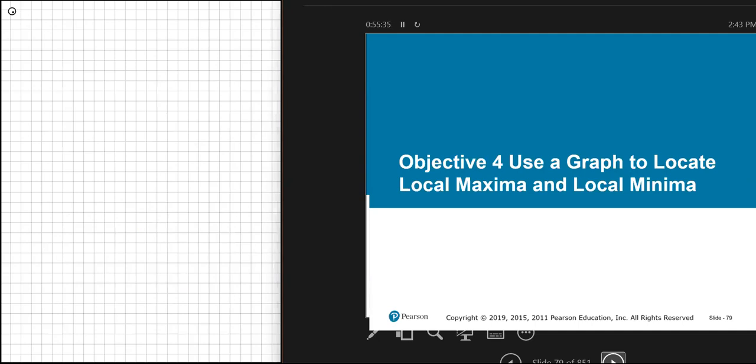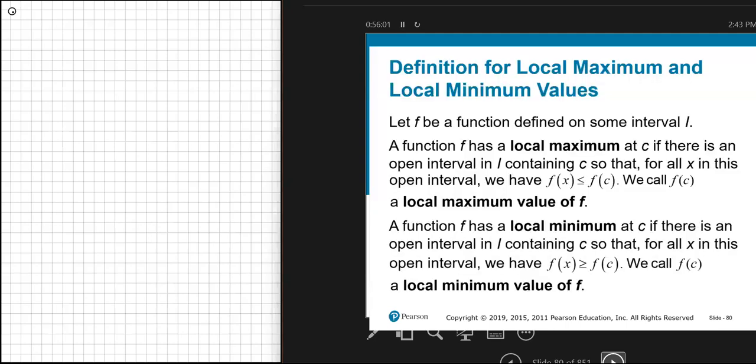Now, when we talk about the local max and the local min, I will occasionally call these relative max and relative min, because that's a more formal term than local. A function has a local maximum at c, so c is an x value, if there is an open interval that contains c.